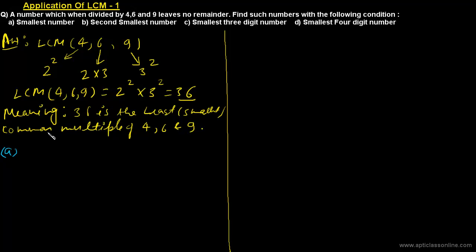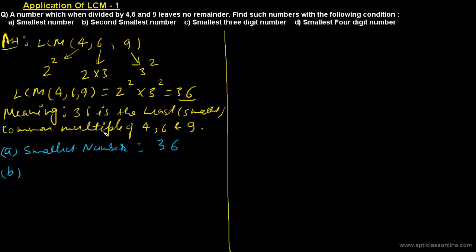Question in part A. Which one is the smallest number with this precondition? The smallest number with this precondition, as we have seen just now, is 36. In part B, what we have to find out? We have to find the second smallest number.